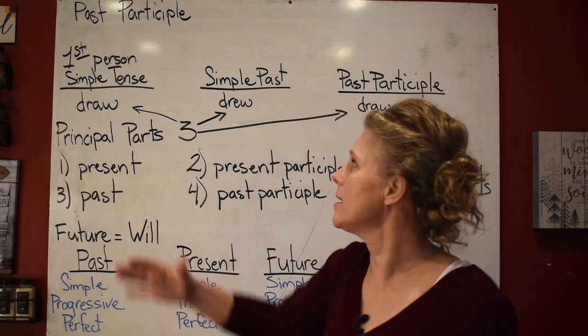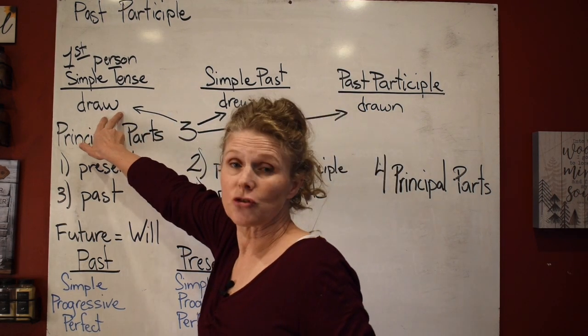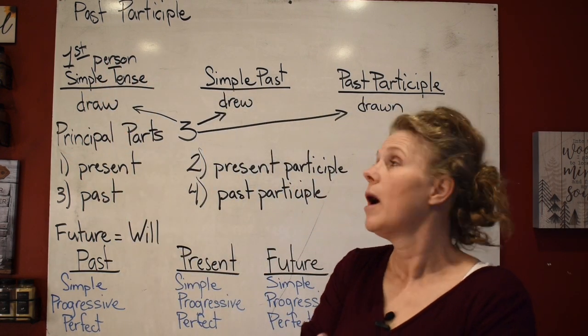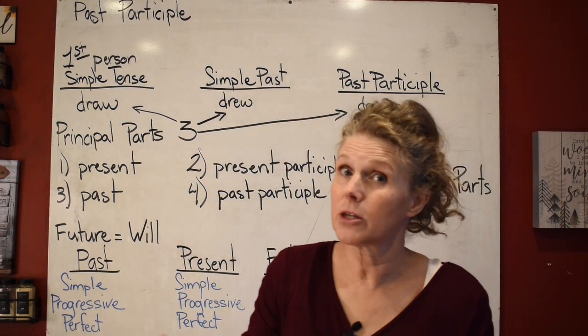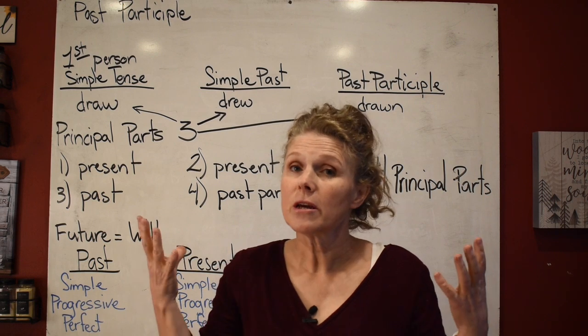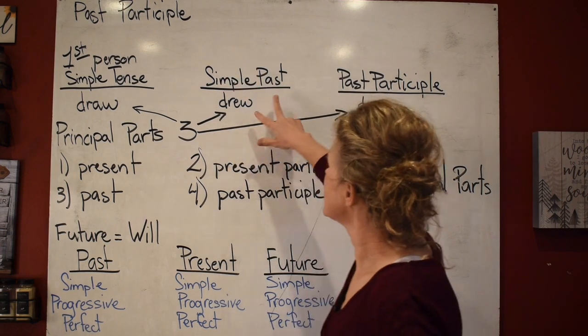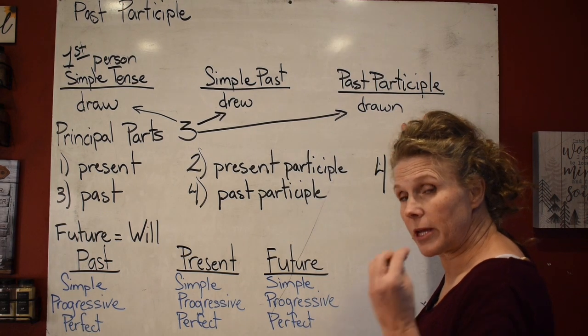That's why I put it up here that this is the first person simple tense, and it's draw. So everything will come off of this simple tense verb unless it is an irregular, which draw is an irregular. So then we have our simple past is drew, and then our past participle is drawn.